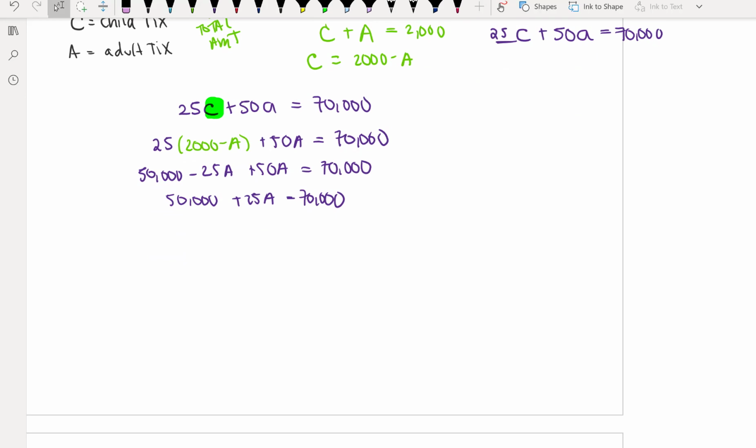From there, I'm going to subtract 50,000 from both sides. So 70,000 minus 50,000 will just give me 20,000. If I divide both sides by 25, I'm going to get 800. Remember that A represented my adults, so I'm going to have 800 adult tickets.